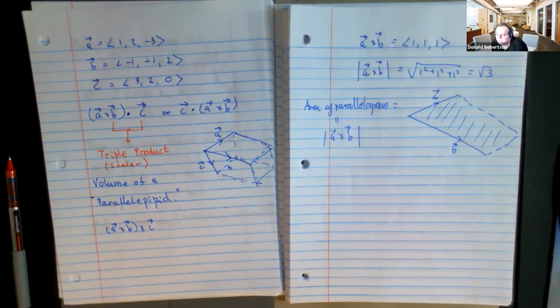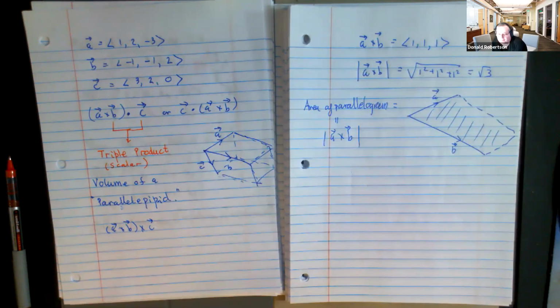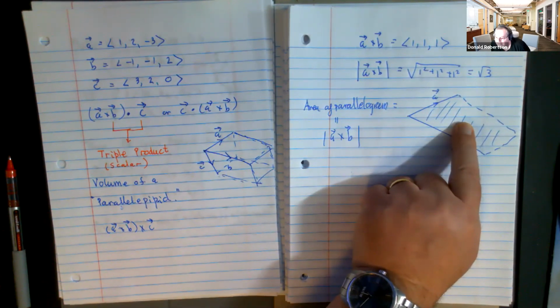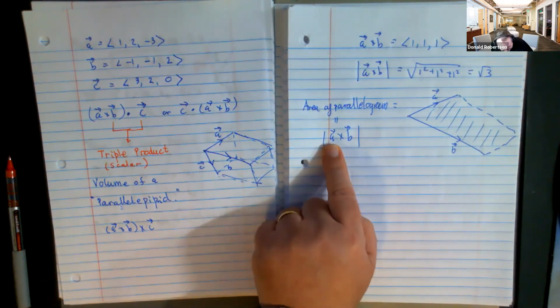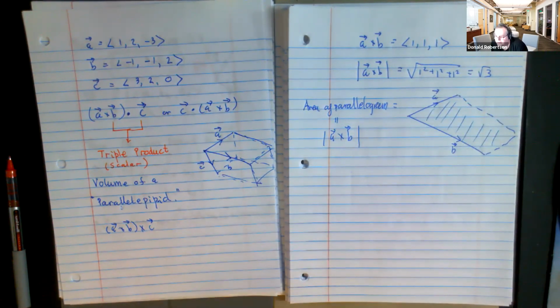Now that's not intuitive, is it? I mean, that doesn't seem obvious. How should the magnitude of a cross product tell me the area of this parallelogram? Now, bear in mind, this has to be positive, right? Because it's a physical area, right? But if you're finding the magnitude of a vector, isn't it guaranteed to be positive, so you don't need to worry about signs?